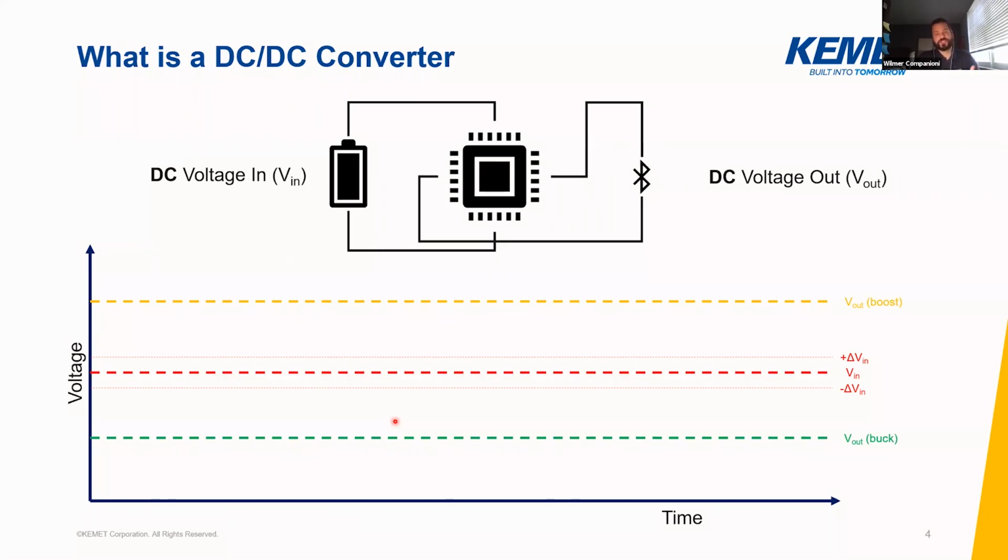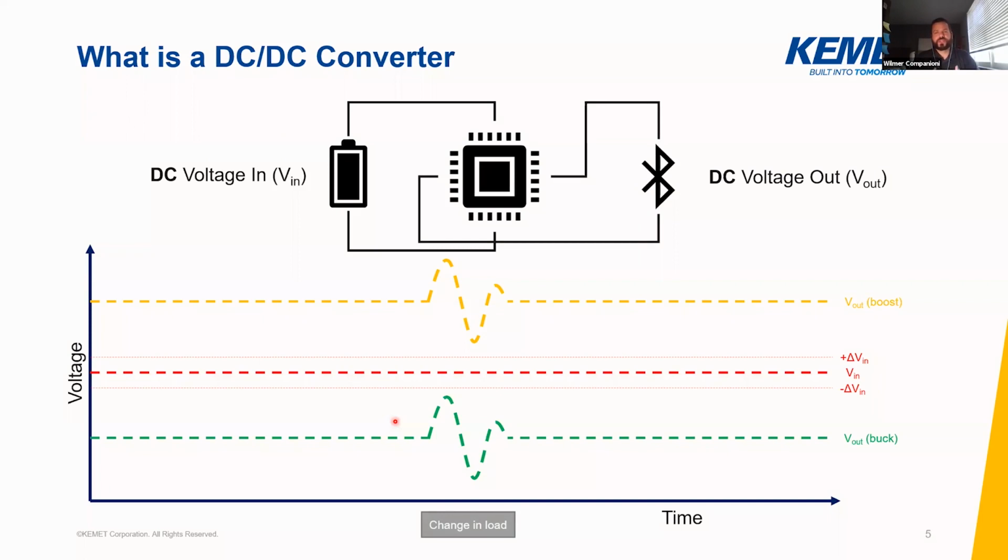That output voltage can be either stepped up, sometimes called boost, or stepped down, sometimes called a buck. And in addition to creating that output voltage, a good regulator must also maintain stable output voltage when the load amount, the load current, changes.